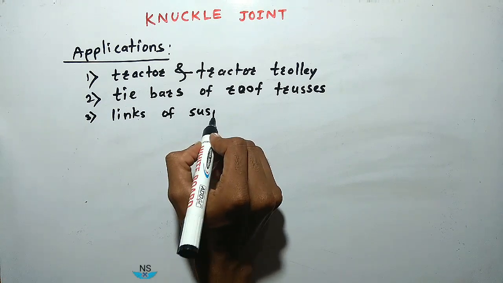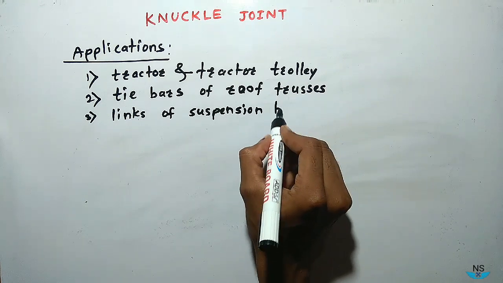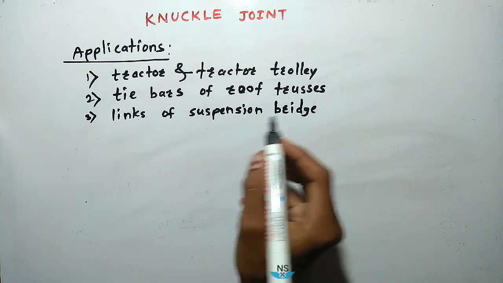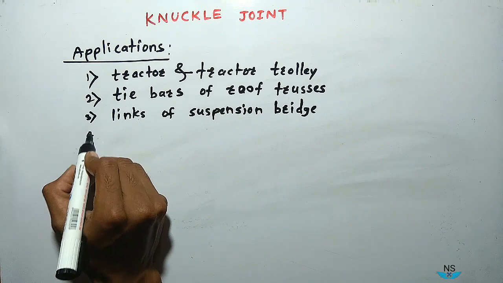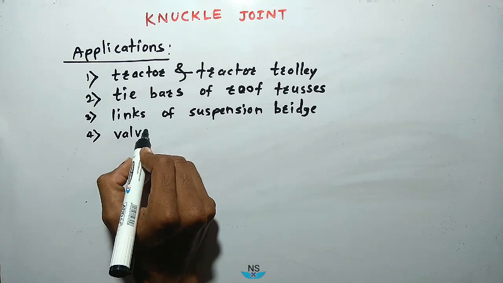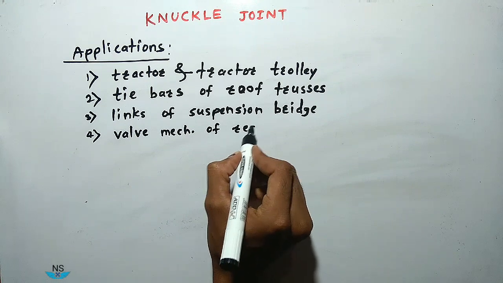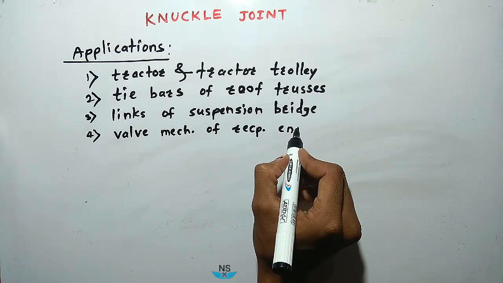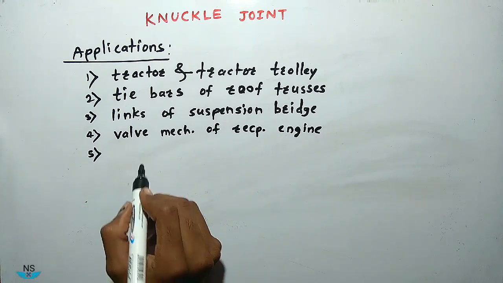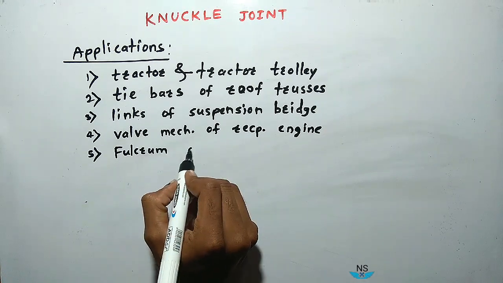In suspension bridge also there are n number of links, connected by using knuckle joint. Then the fourth application is joint in valve mechanism of reciprocating engine. Also, it is used in fulcrum for levers.